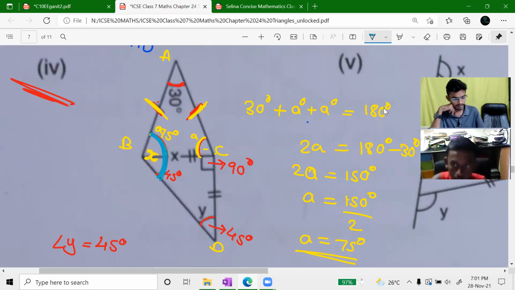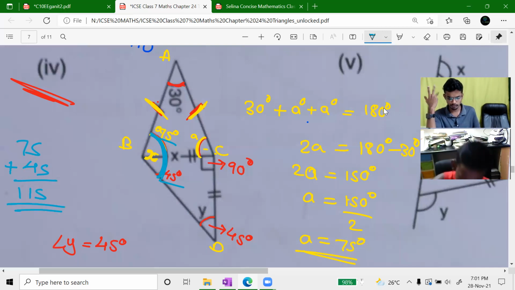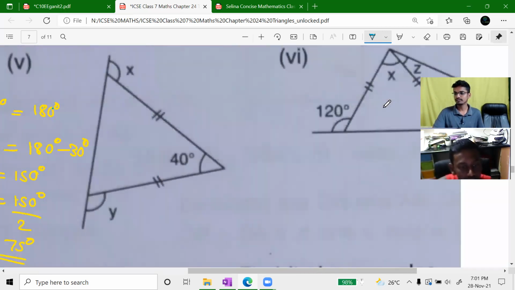We have to add them, na beta. 75 plus 45, 115. 100 and 15 degree. Then why did you tell me 65? I did subtraction. Just add it, na, simply. Okay, don't make it confusing.